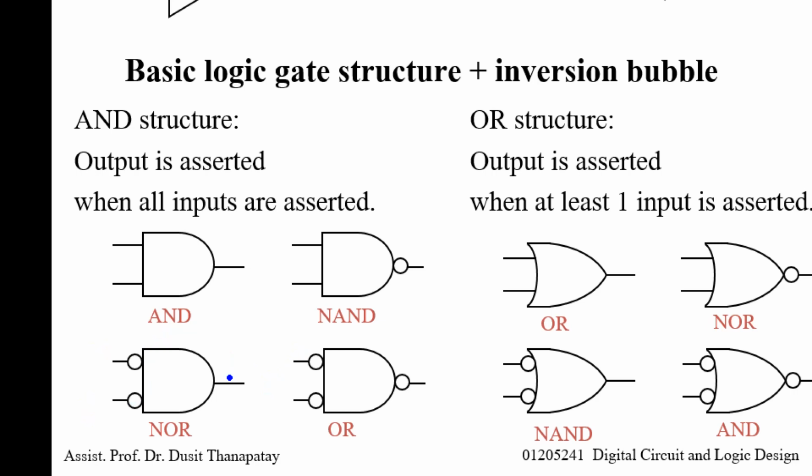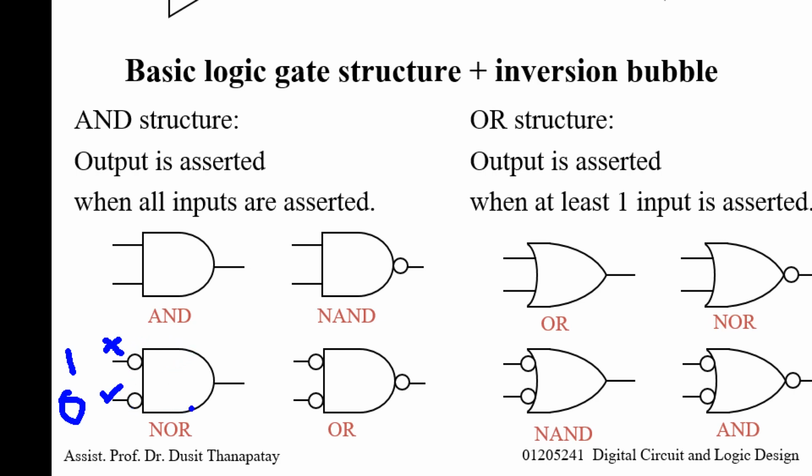And now let's consider if I apply 1 here, 0 here. How about the output? This one is active low, right? But you apply 1, which is high. So this input is not active. And you apply 0 at this input, active low, so this one is active.